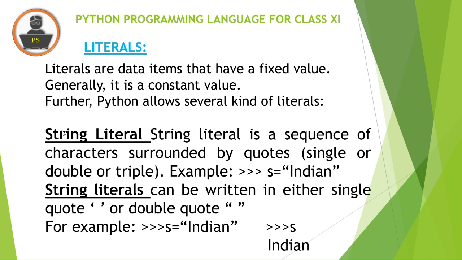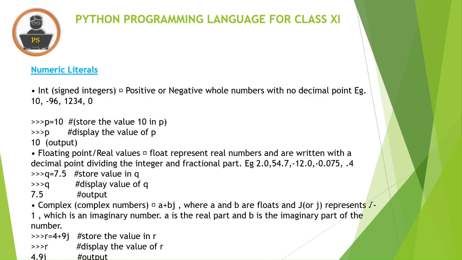Got it? So this is the string literals. Now numeric literals: integer, positive or negative, whole numbers, no decimal point, that is 10, minus 96, 1, 2, 3, 4, 0. These are the integer values. Integer means numbers. Okay. I have already shown to you how it is working.